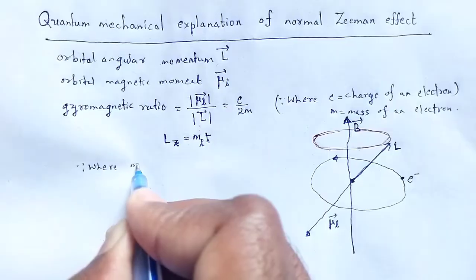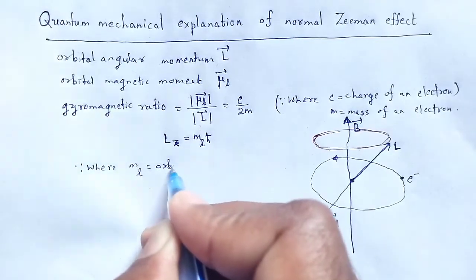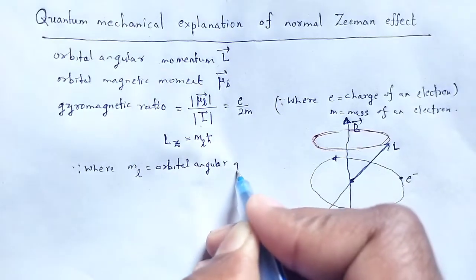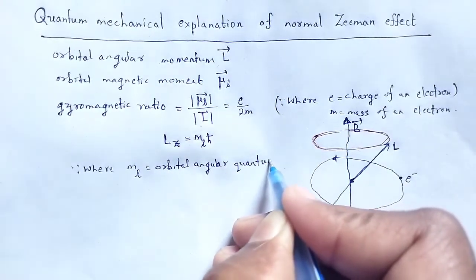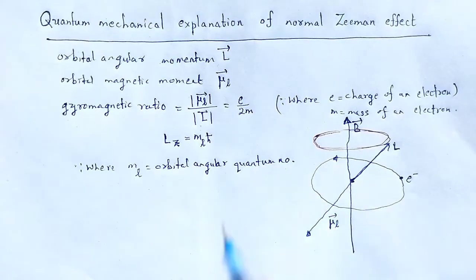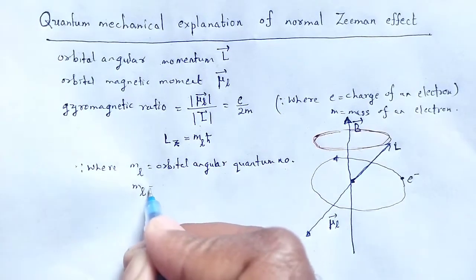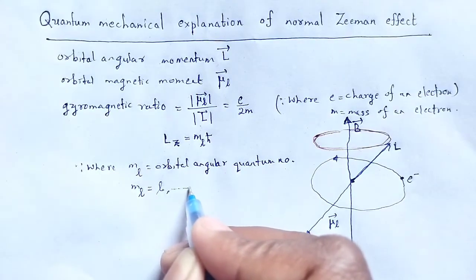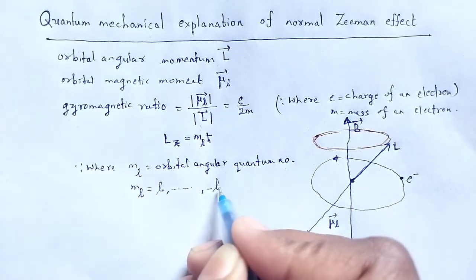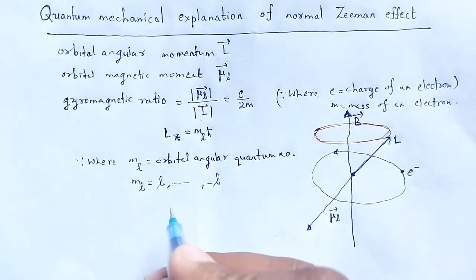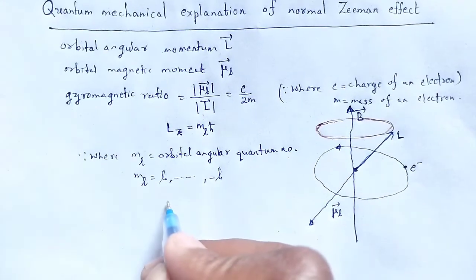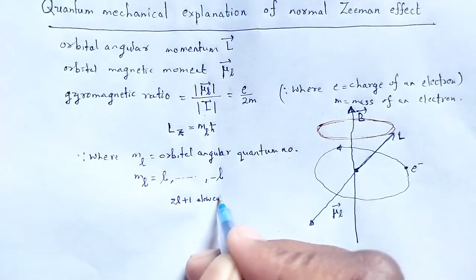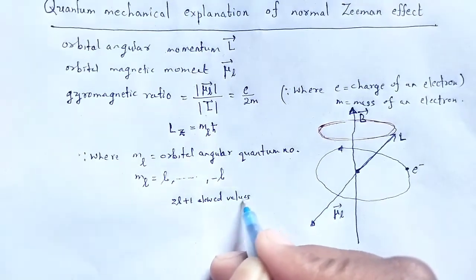The value of ml ranges from plus L to minus L, and there are a total of 2L plus 1 allowed values.